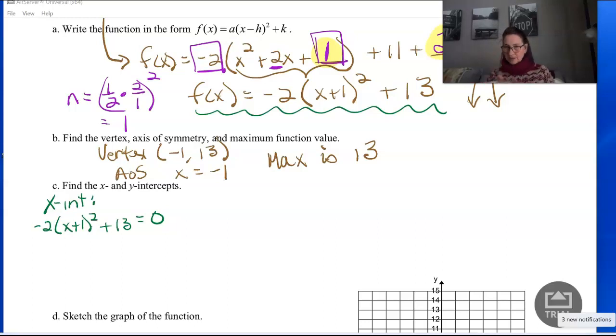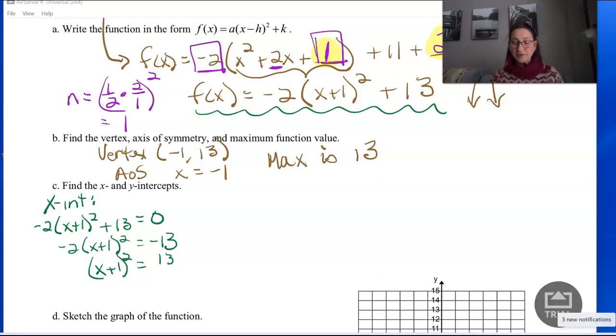I'm going to subtract 13 from both sides. So I have -2(x + 1) squared equals -13. Divide by -2, I get (x + 1) squared equals 13 over 2. It's a positive fraction because a negative divided by a negative is positive.